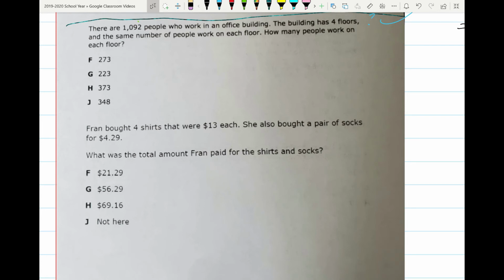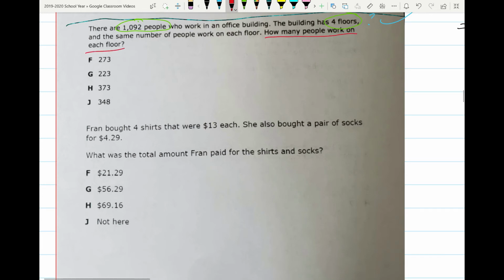Next one is, there are 1,092 people who work in the office building. The building has 4 floors and the same number of people work on each floor. How many people are working on each floor? Okay, what do I know? There are 1,092 people in the office building. The building has 4 floors and the same number of people work on each floor. My question is, how many people work on each floor?